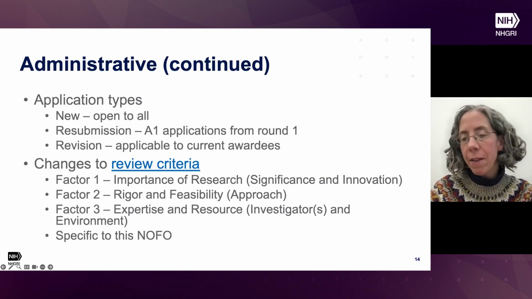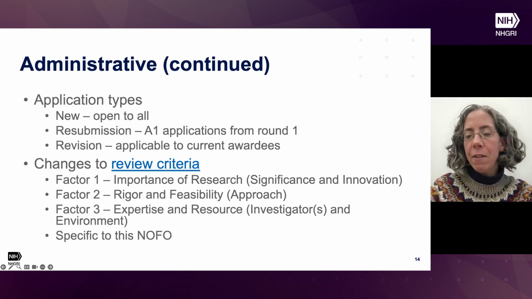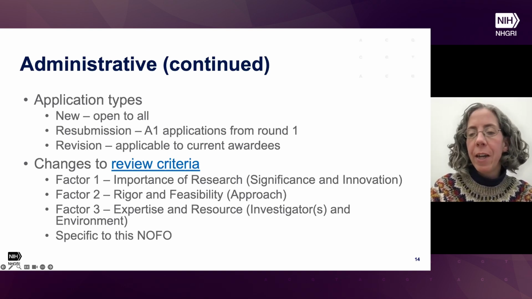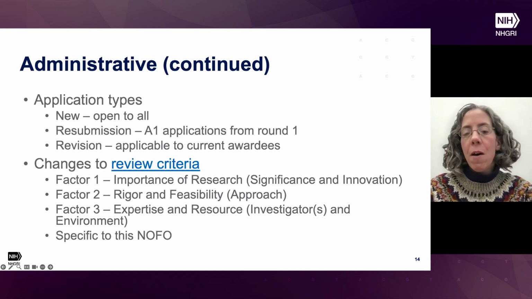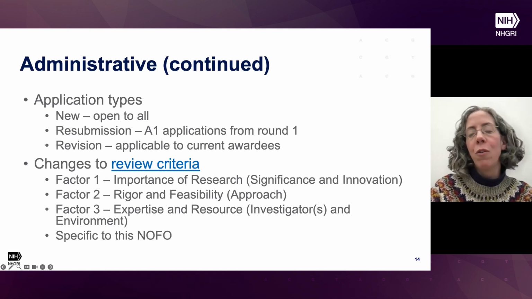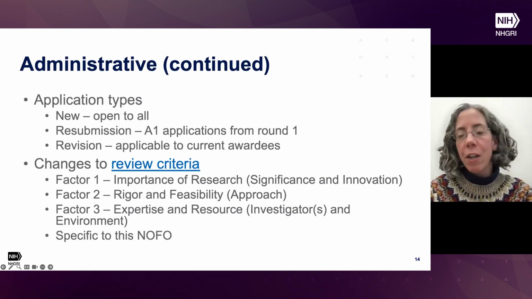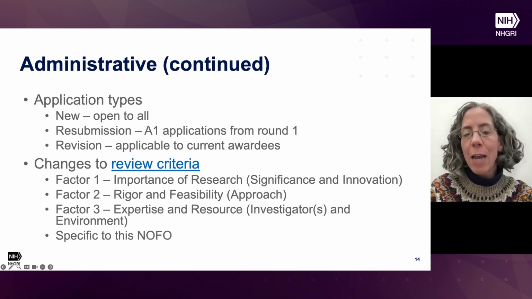What has happened is that the same 5 criteria, the significance, innovation, approach, investigator, and environment, will be evaluated, but they are reorganized into 3 factors. Really, the questions to be asked are, is the research worth doing? And are the investigators doing this correctly, and are they able to do this?